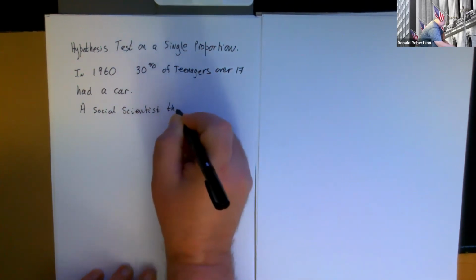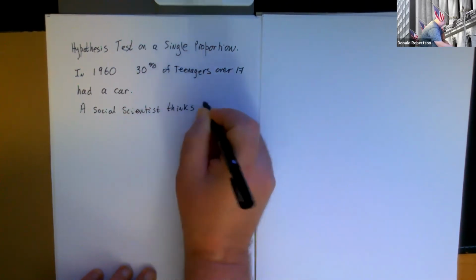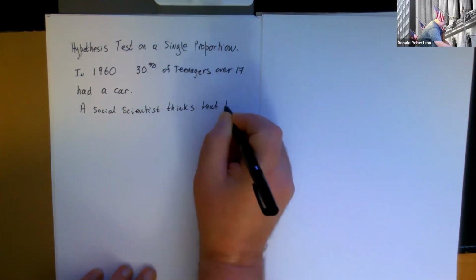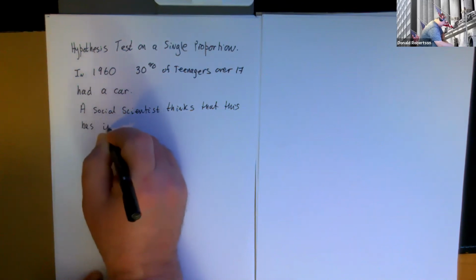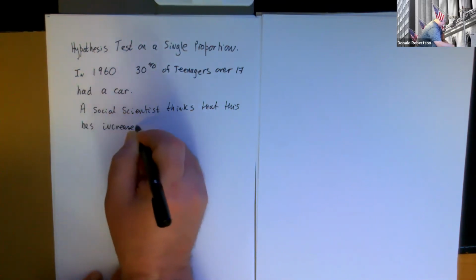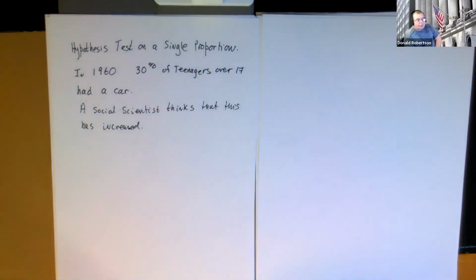A social scientist thinks that this has increased. So he thinks it's got more. He thinks, yeah, there are a lot more teenagers now that have a car.